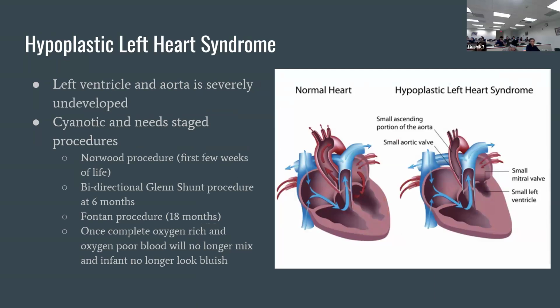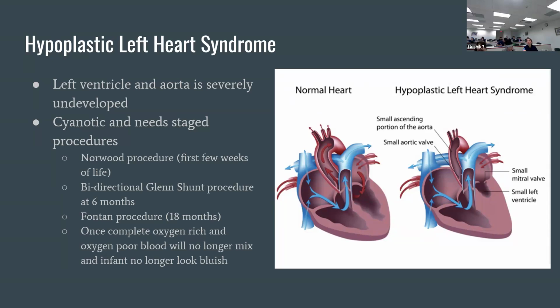Hypoplastic left heart syndrome is exactly what it sounds like. There's a very, very small non-functional LV, which is a big problem. Cyanotic at birth and also needs staged procedures. The Norwood procedure, they get in the first few weeks of life, then they get a bidirectional Glenn shunt procedure at 6 months, and a Fontan procedure at 18 months.